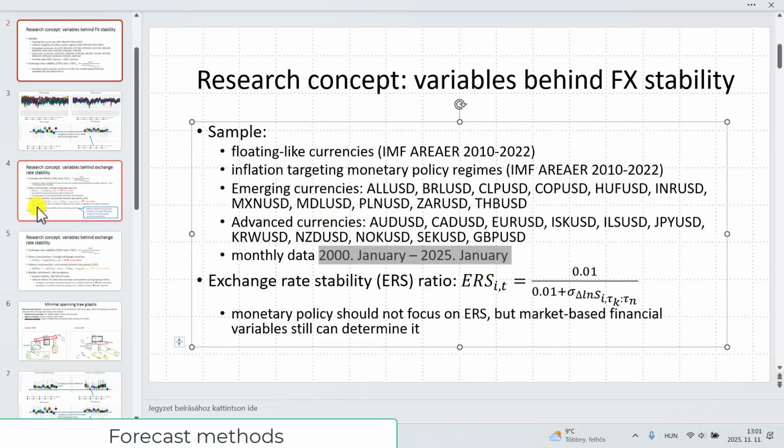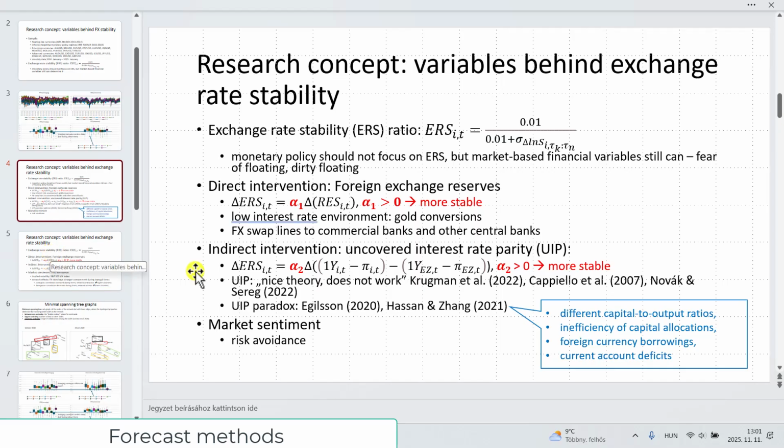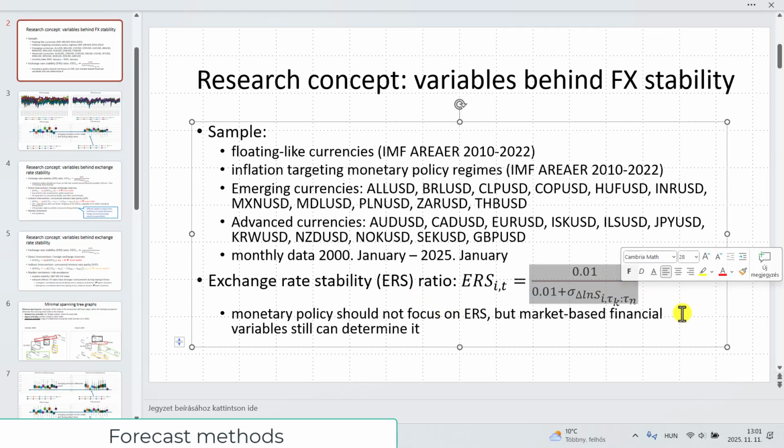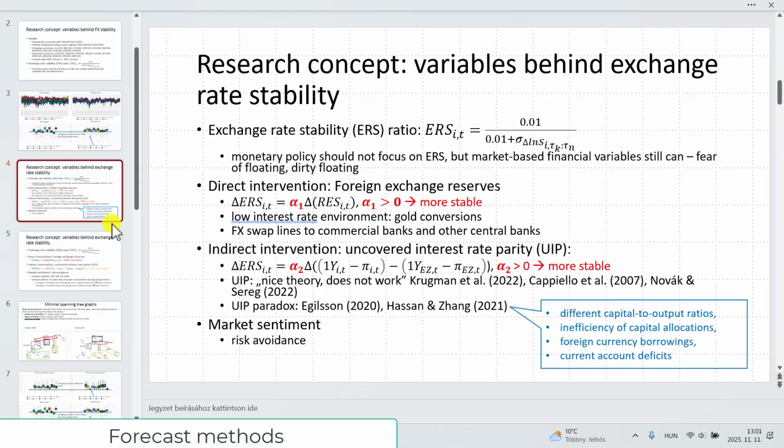So the question is, can we find anything which resembles stability? So there is this exchange rate stability ratio, which practically analyzes how stable the currency is. If it's close to 1, then the currency is stable. If it's not, then obviously it's not stable, so it goes towards 0. So the major impact would be that, okay, interest rate premiums, what we learn in international finance in the textbook, should work nicely.